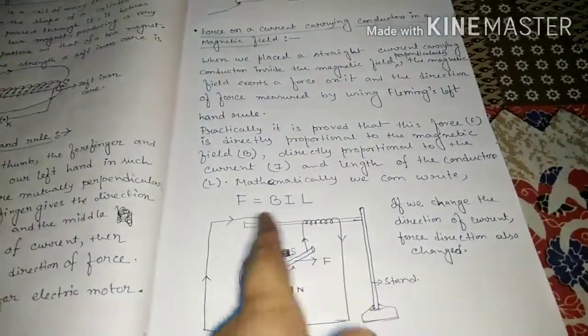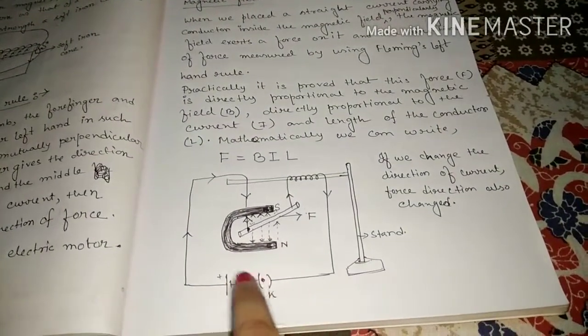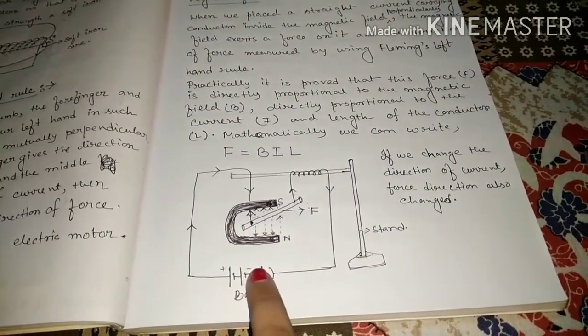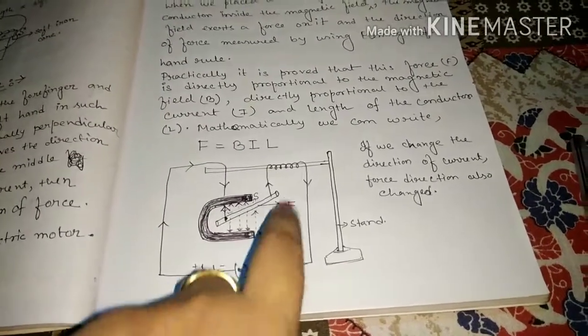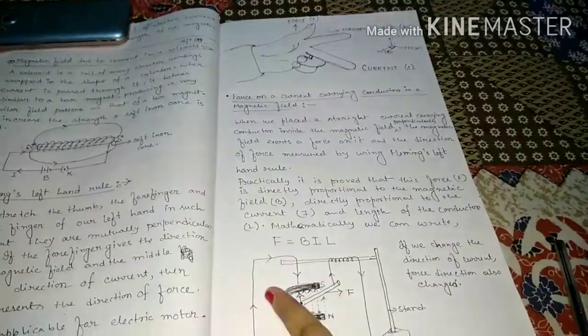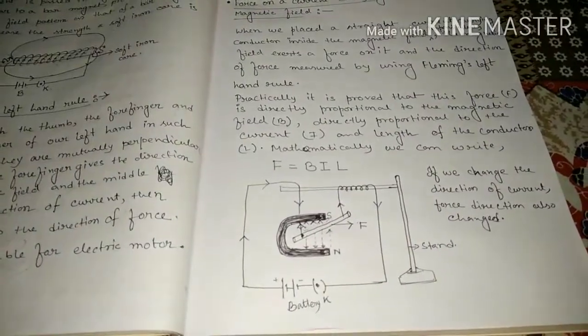Now if we change the direction of the electric current, that means if we change the polarity of the battery, this side negative and this side positive, what happens? The direction of force also changes. Now the force acts on the inner side of the magnet. Understand? So it is practically proved.